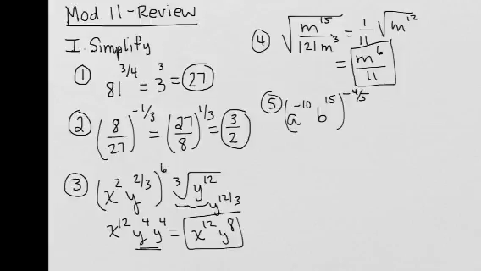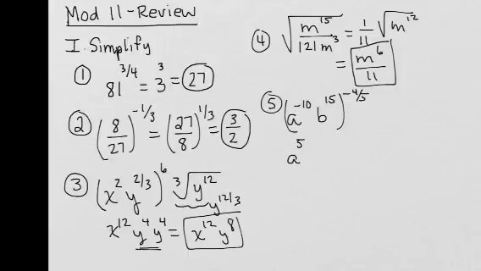So again, we're going to raise to this power. So when it's power to power, you multiply. So we're going to multiply the negative 10 by the negative 4/5, and then the 15 by the negative 4/5. So that gives us negative 10 times negative 4/5. That's going to be positive 40 over 8. So 40 over 8 is 5.